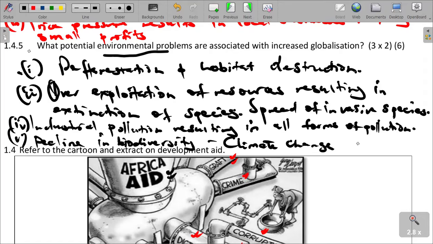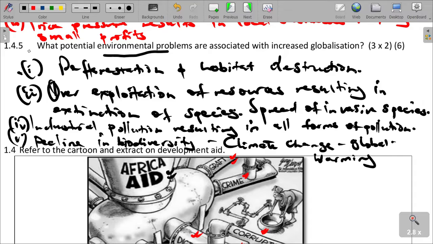We talk about global warming, as to say, temperatures go up because of these conditions of exploitation of resources, of pollution. All of those are challenges that can also come into play.